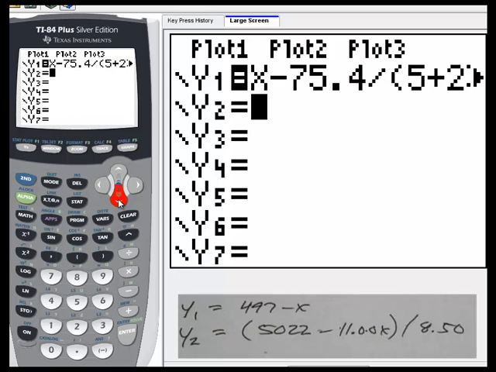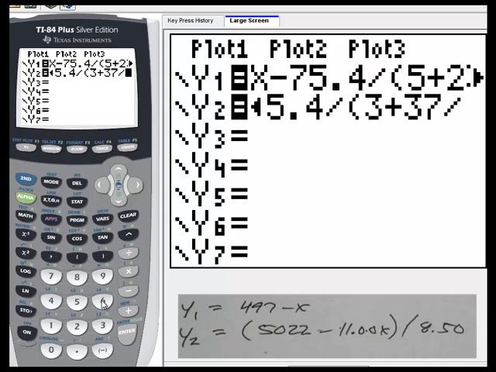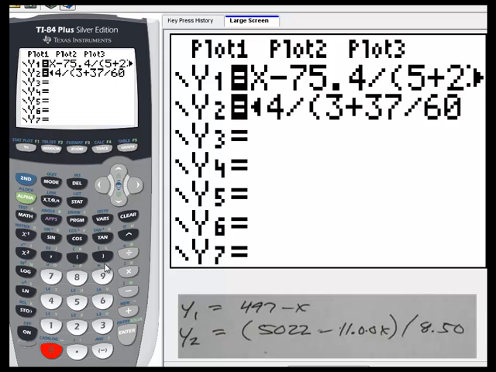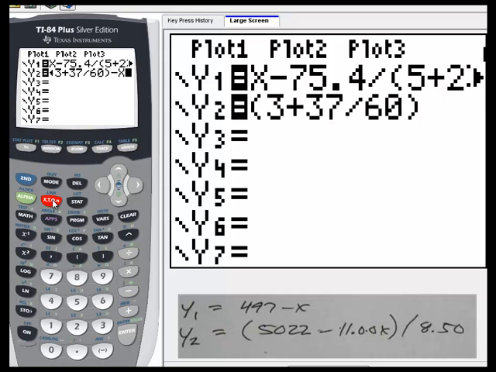In y2 we've got 75.4 divided by parenthesis 3 plus 37 divided by 60 parenthesis minus x.